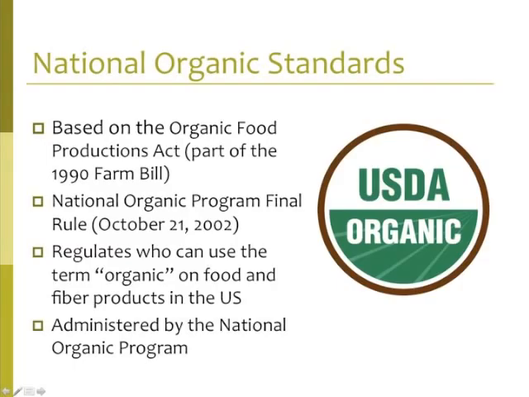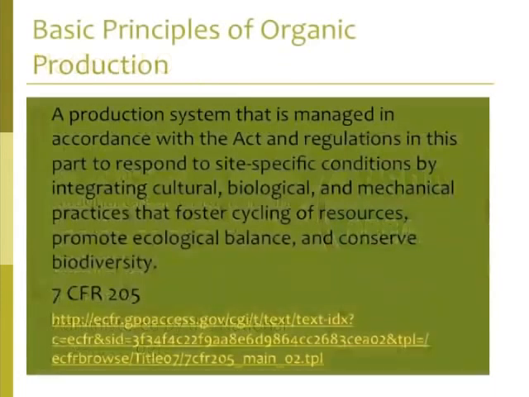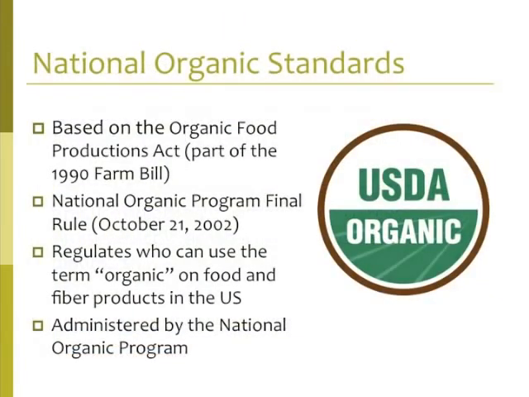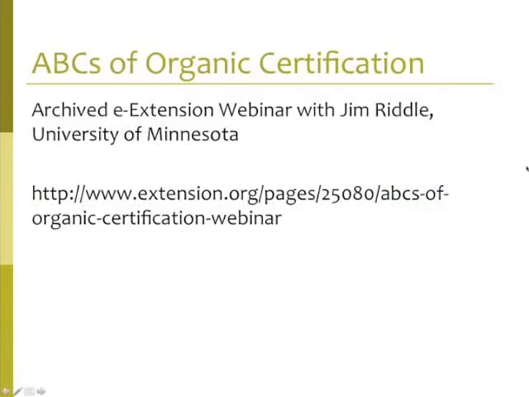The National Organic Standards, also called the National Organic Program Final Rule, resulted from the Organic Food Production Act, which was part of the 1990 Farm Bill. It is the regulation that came out of the legislation. It went into effect on October 21st, 2002, and it's the regulation that regulates the term organic, who can use the term organic on food and fiber products in the United States.